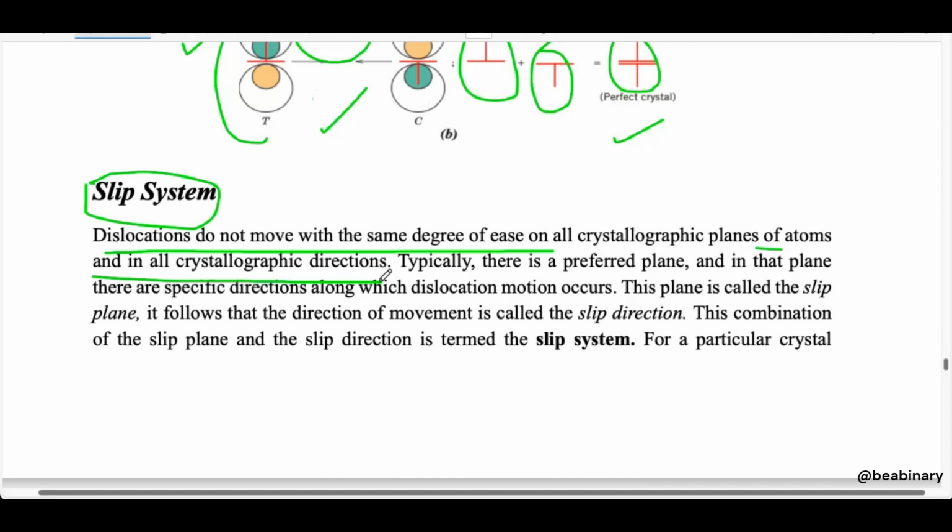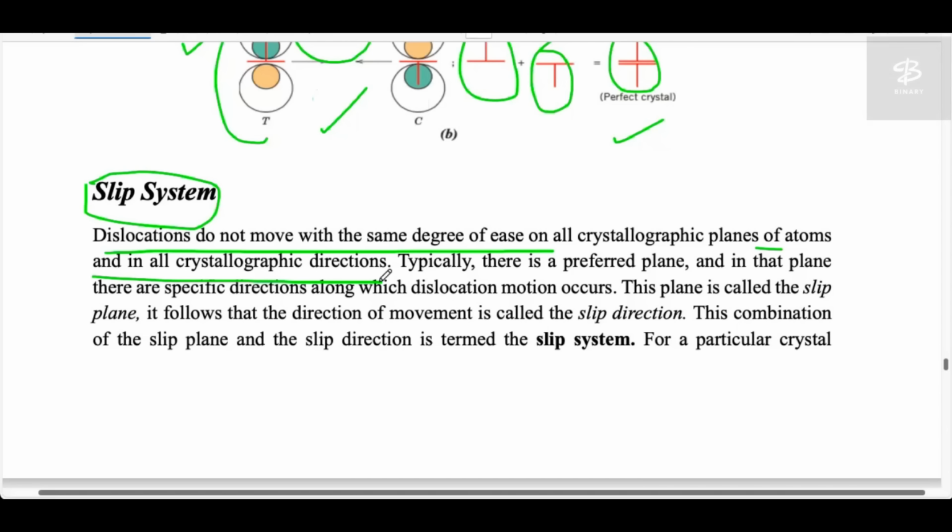It is like something special reserved for a special work. Similarly, here every plane is not going to participate in your slip, and every direction is not going to participate in your slip direction. The plane which participates in slip is the slip plane, meaning the movement of your dislocations.